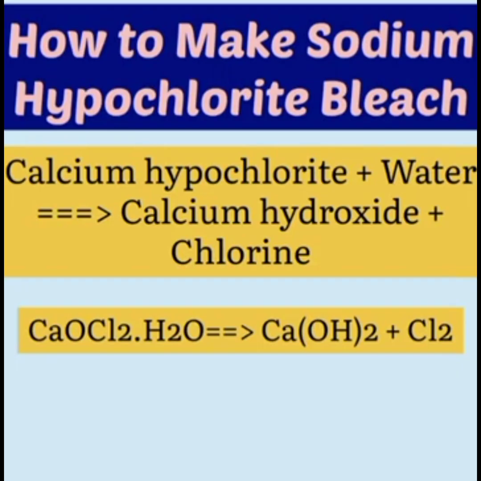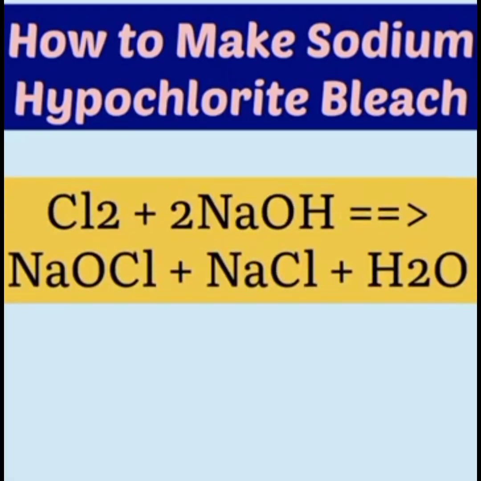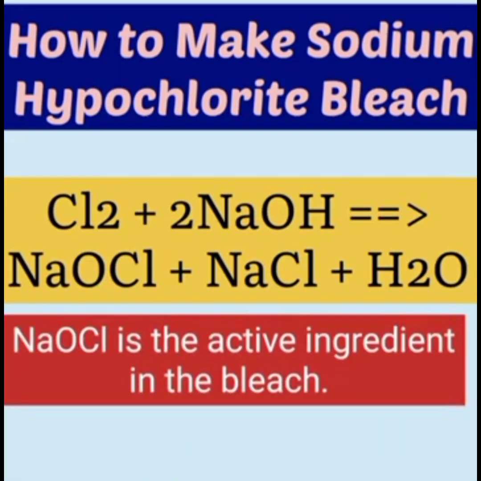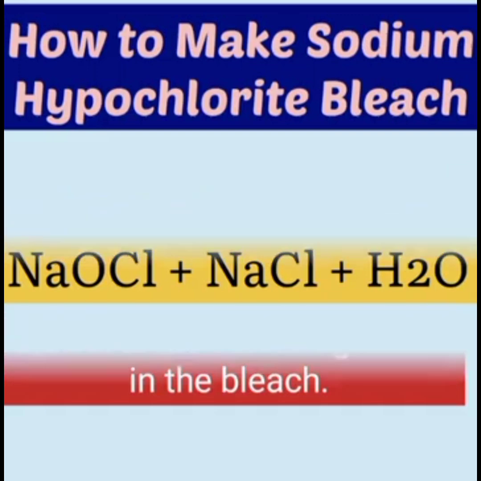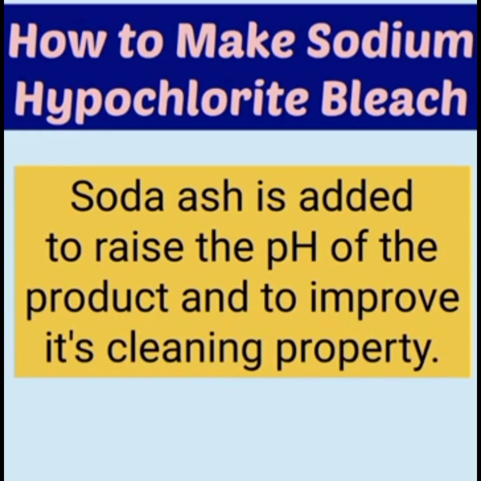The second reaction is the reaction of the liberated chlorine with the caustic soda to yield sodium hypochlorite, which is the active agent in the bleach we are going to make. The soda ash, like I told you, is merely going to be added to elevate the pH of the product so as to improve its cleaning properties.